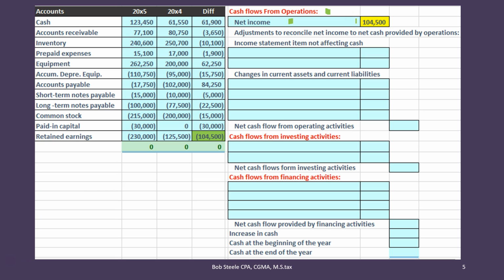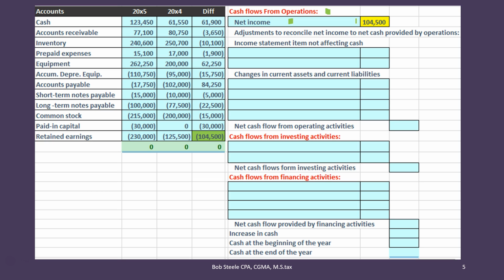It might be a lot of work, and it could be more work to recreate the entire income statement on a cash basis. It might be easier to say, let's take what we have now. We already figured out what net income is, so let's back out whatever we need to back out in order to get to net income on a cash basis. That's basically what we're doing.